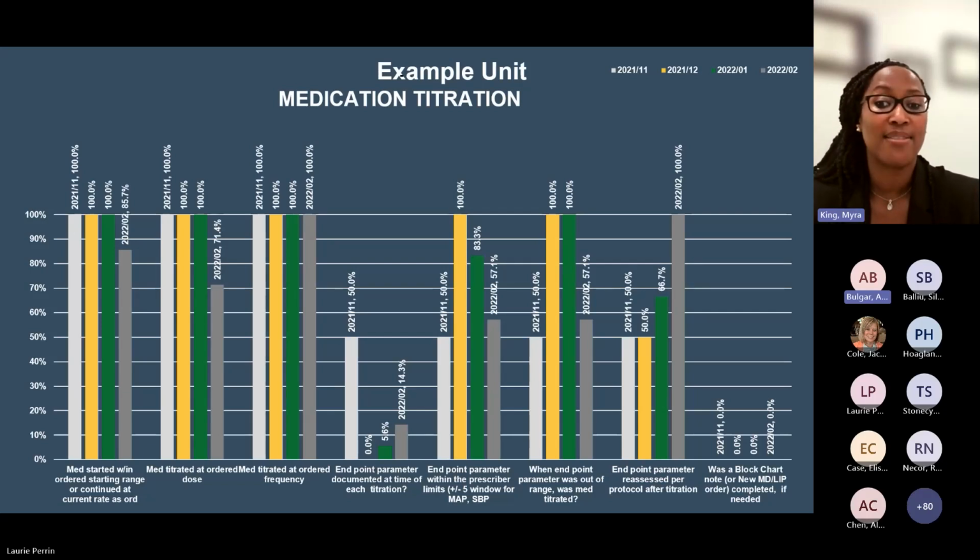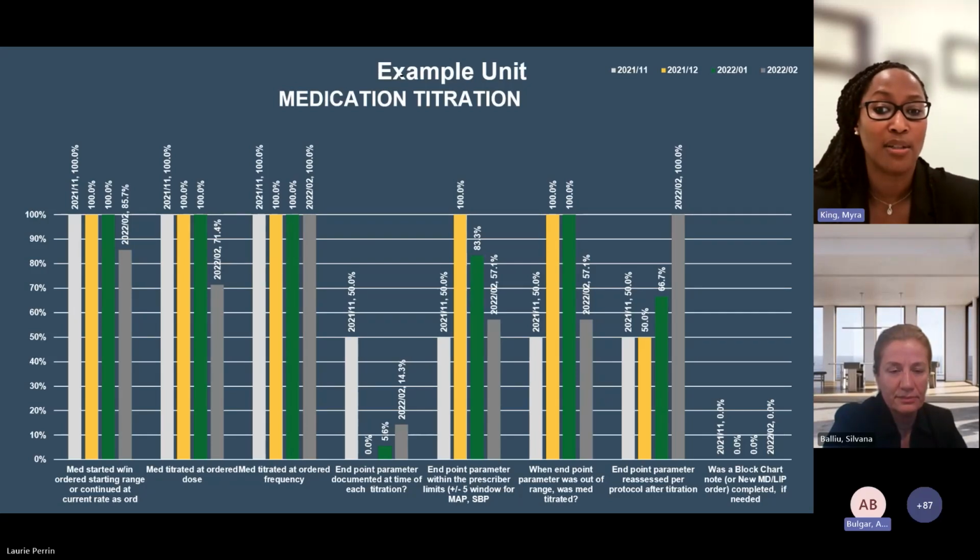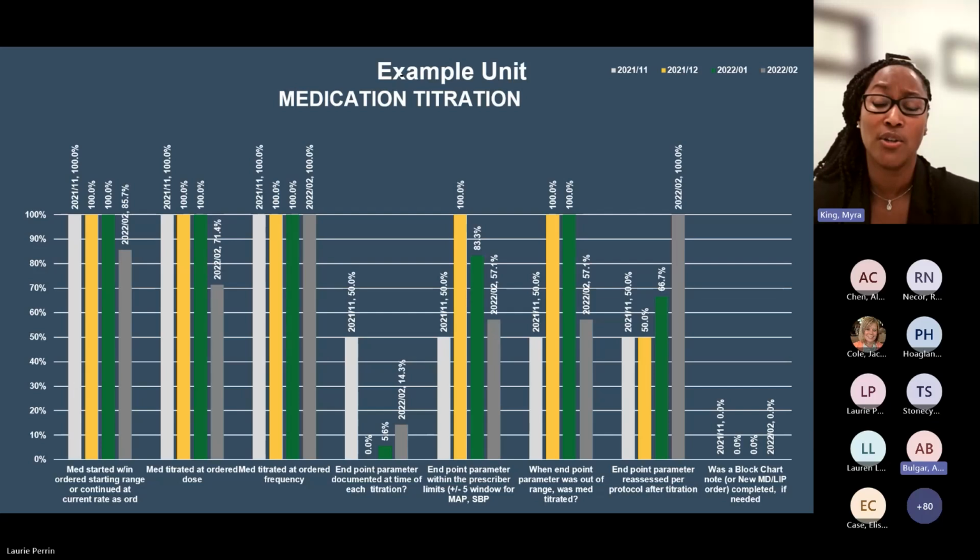So you can see that for meds started within the ordered starting range, we did really well with nurses being compliant with starting this at the appropriate dose, as well as continuing if the patient was coming from a procedural or OR area. We also did well with meds being titrated at the ordered dose and frequency.